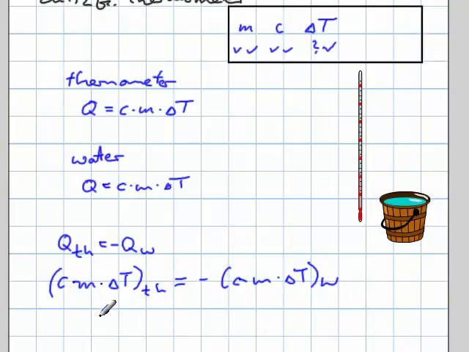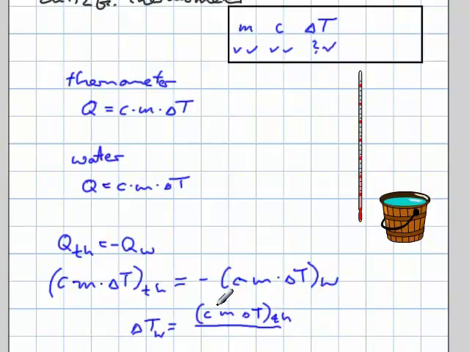Could have also written H2O there. So delta T for the water therefore comes out to C M delta T for the thermometer.